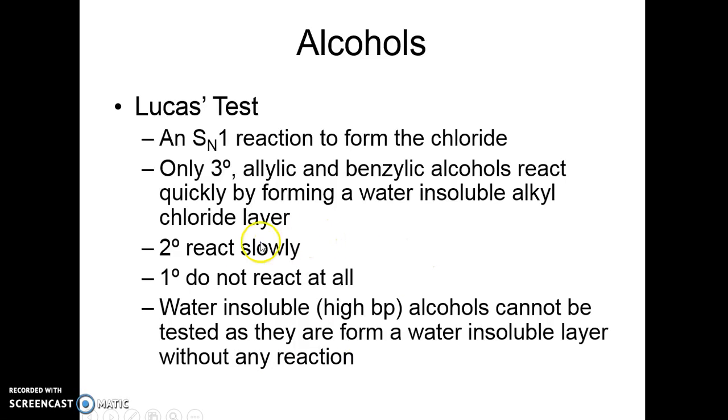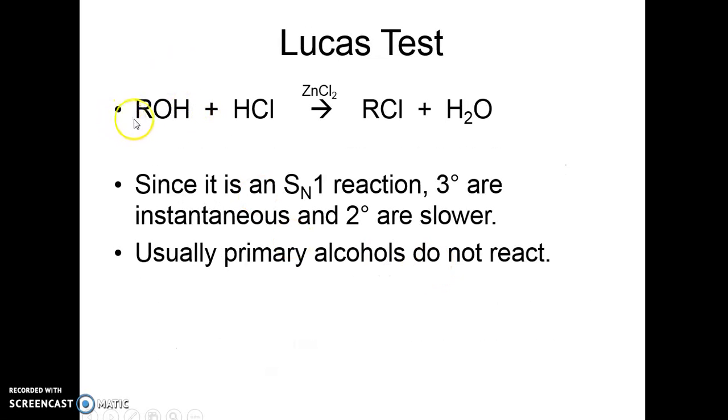Secondary will react, but they react slowly, and primary do not react at all. Water insoluble alcohols cannot be tested this way because they're already insoluble, so you'd never see a change. This is the reaction: the alcohol plus hydrochloric acid and zinc chloride as a catalyst gives you the alkyl halide, which would then be water insoluble. But remember, you can only test this with a water soluble compound.